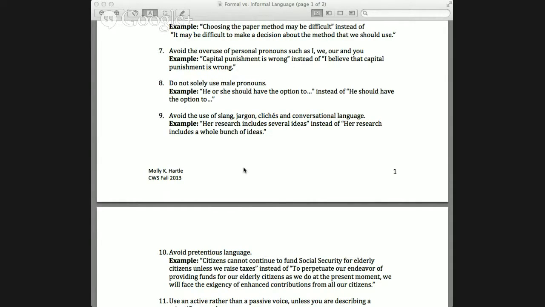So a great rule of thumb, rather than just avoiding these things, is to try to be as specific as possible in your writing. So several tells me three or more, which is a little bit more specific than a whole bunch. So to say her research includes several ideas is better than her research includes a whole bunch of ideas.